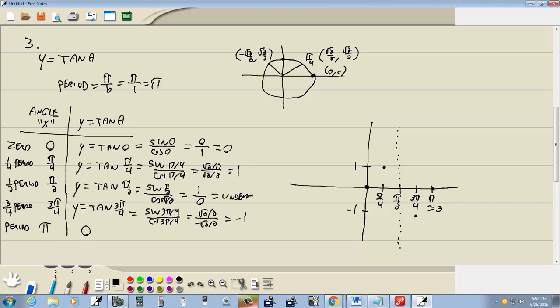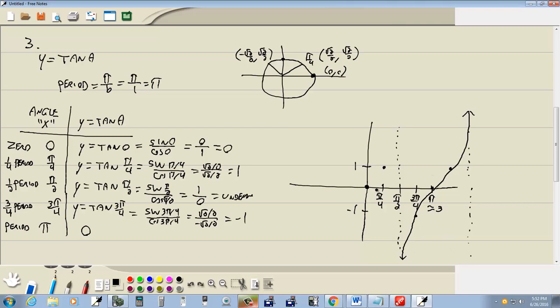And pi is 0. And what I'm going to see is that since this pattern repeats, then the next one would be about right there. And then the next one over to here would be undefined. So then if I draw that, I don't draw them very well. You can look in the book and see a little bit better picture.